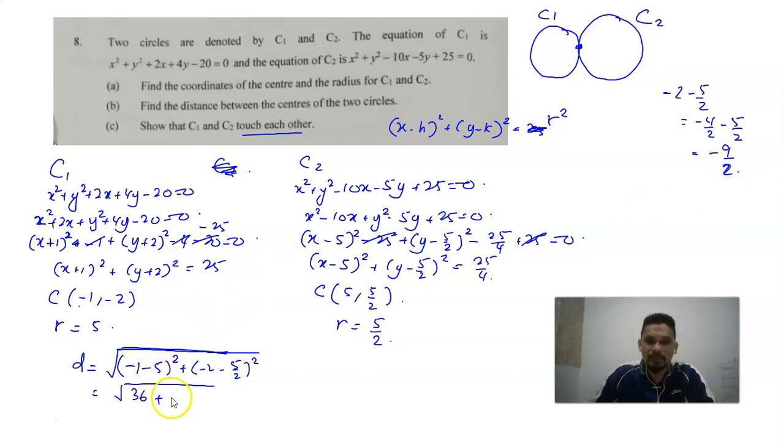So negative 9 over 2 squared gives you 81 over 4.